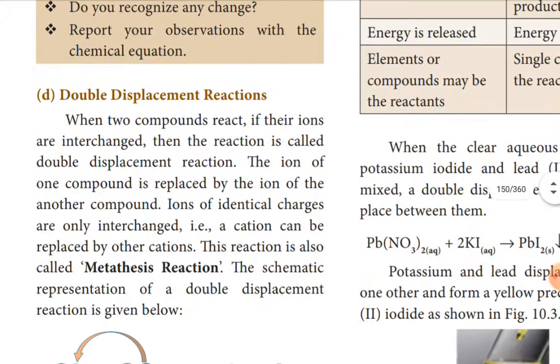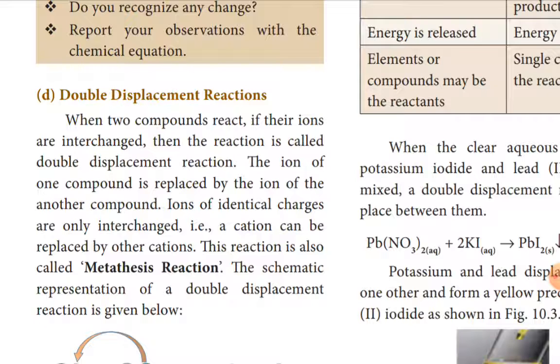Then next, see, double displacement reaction. Above, what we have learned is single displacement. Single displacement means one element reacts with a compound, so one element displaces another element from the compound. But here what takes place?